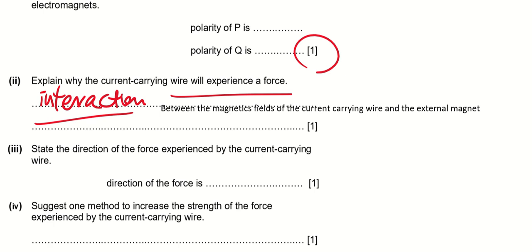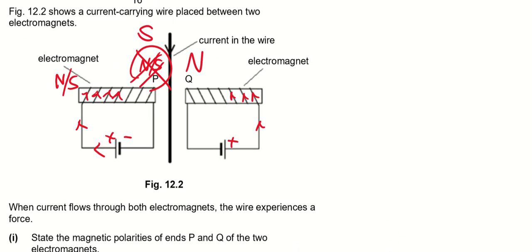Now state the direction of the force experienced by the current carrying wire. What do we use here? Fleming's left hand rule. So the external magnet goes from north to south. What is the direction of the current? Current is represented by the middle finger pointing down, but this is north to south, so it will be into the page.